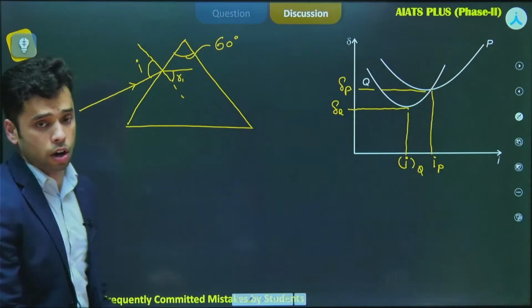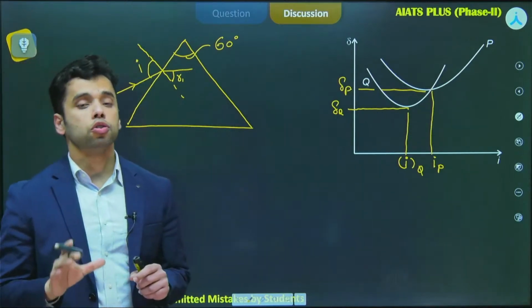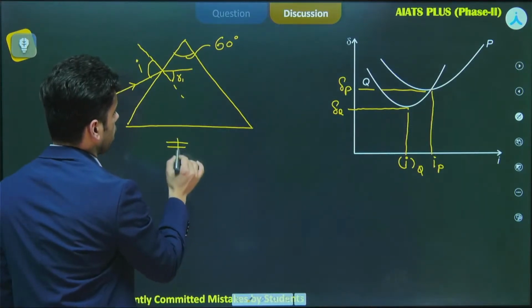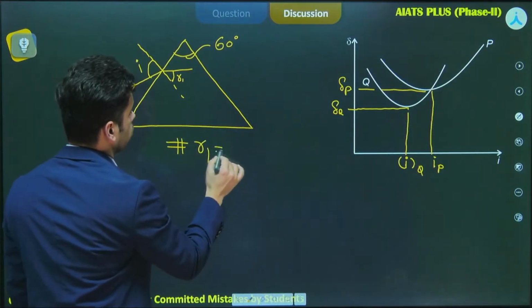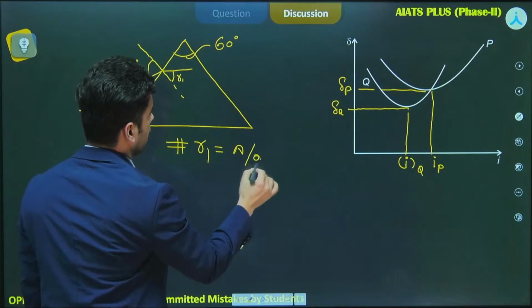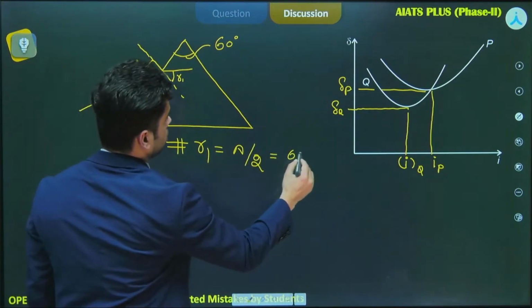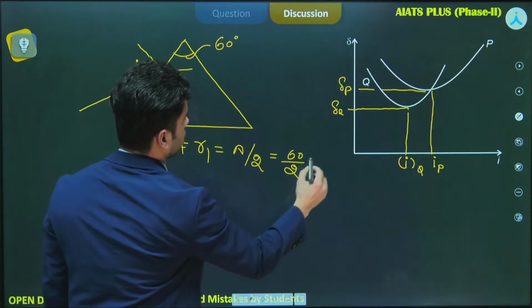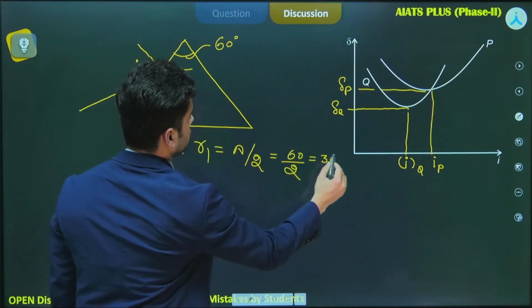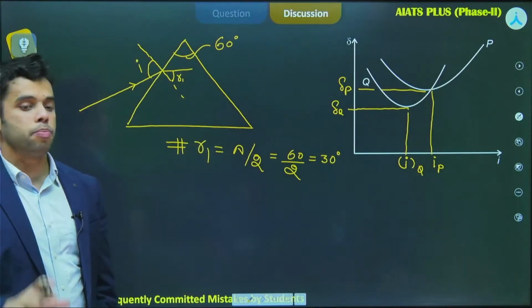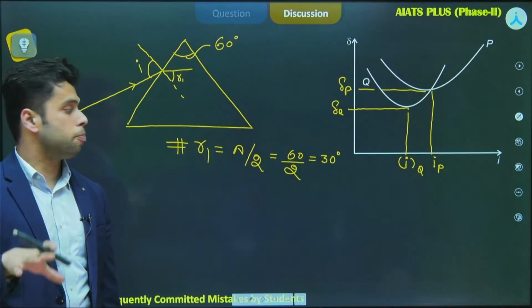I'm dealing with the case of minimum deviation. In that case, R1 would be equal to A by 2, and A is 60 degrees. So 60 by 2 is equal to 30 degrees. R1 is A by 2, and it will be same for both the prisms, either you say P or Q.